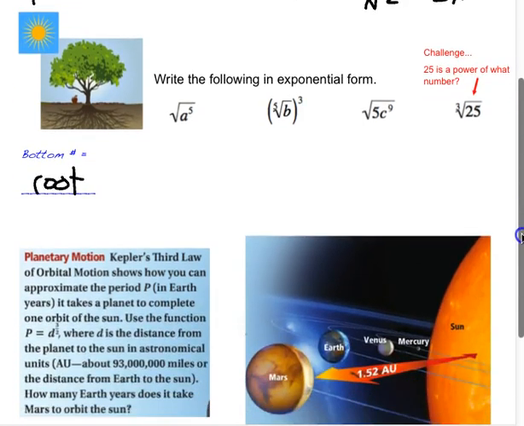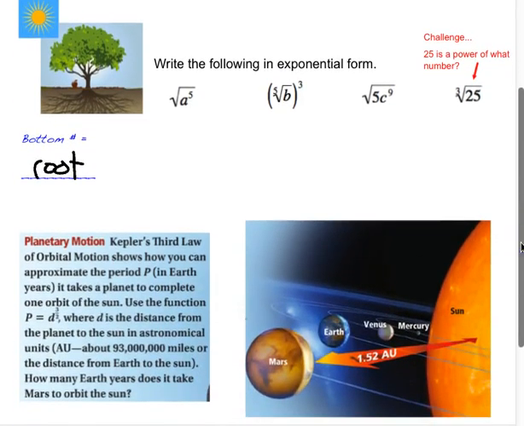Now, of course, if we can go one direction, we want to be able to go the other direction too. So let's go backwards. So here, my exponent is 5, and my root is 2. So that's going to be a to the 5 halves.